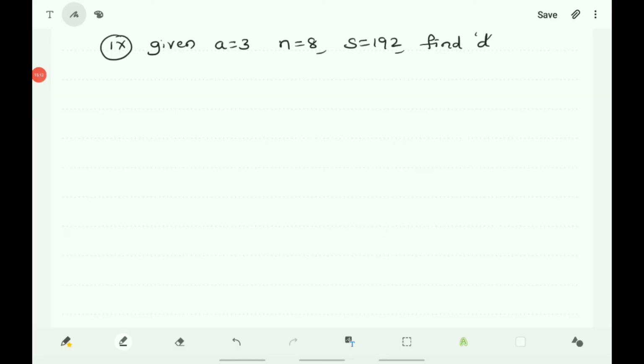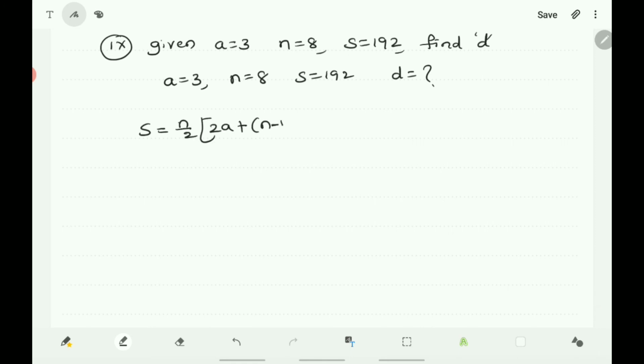Ninth question. Given a is equal to 3, n is equal to 8, S is equal to 192, find d. Here you write a is equal to 3, n is equal to 8, S is equal to 192, question mark is for d. So you write the formula for Sn. S is equal to n by 2 into 2a plus n minus 1 into d.